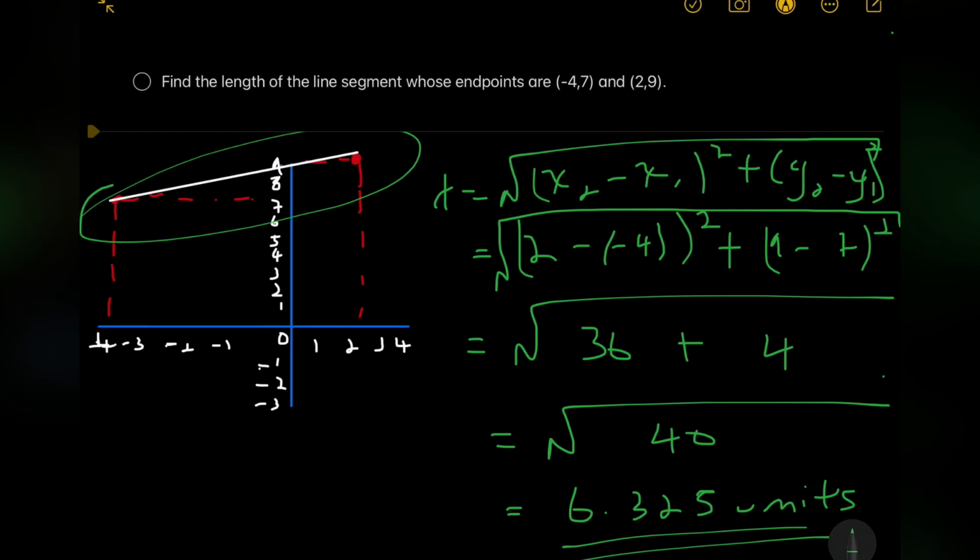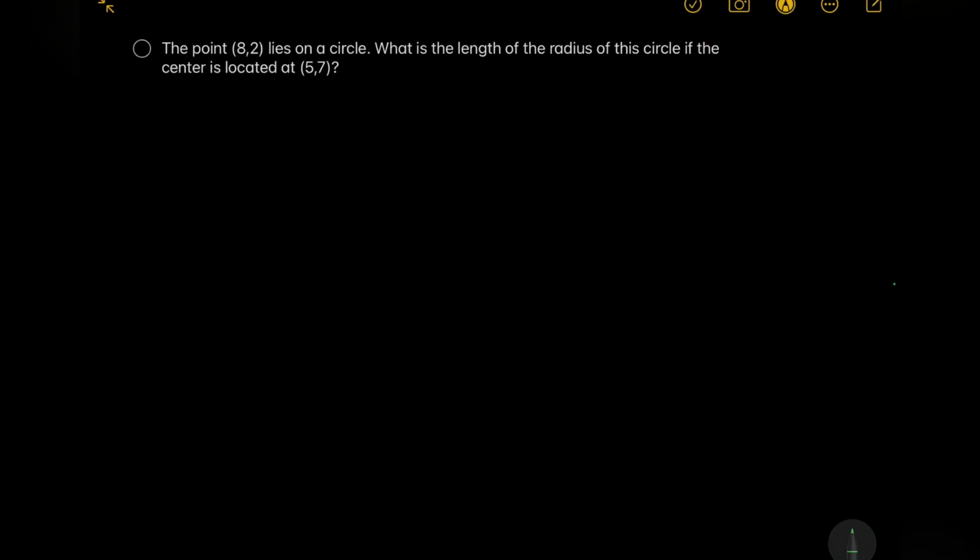Onto our final example. The point 8, 2 lies on a circle. What is the length of the radius of this circle if the center is located at 5, 7? So let's draw this graphically.